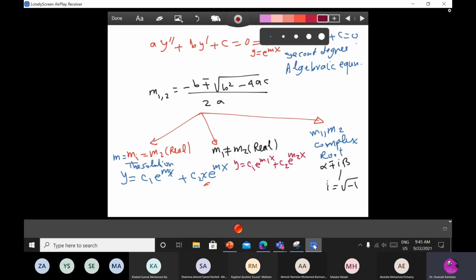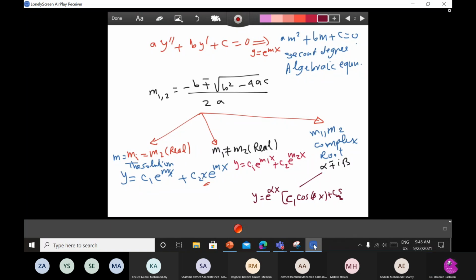If you have a complex number, the solution will be y equal to e to the real part times x, open bracket, C1 cosine beta x plus C2 sine beta x. Okay.